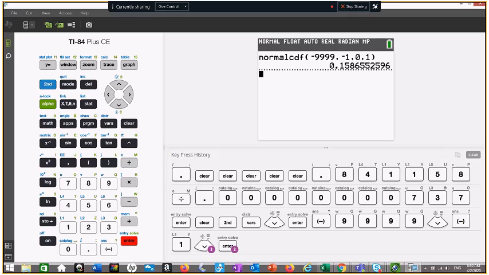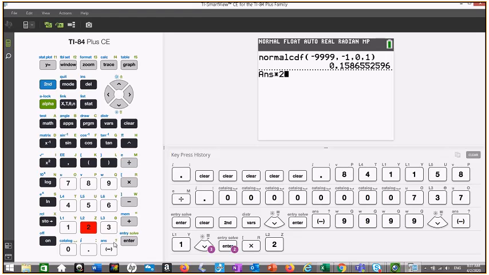And of course this one is going to be 0.1587. And we multiply that by 2. And it gives you 0.3173. So the actual is 0.3173. And that should be your answer.